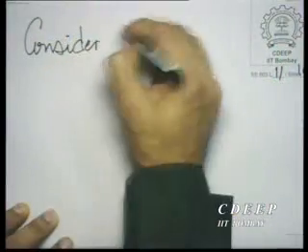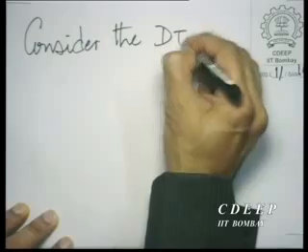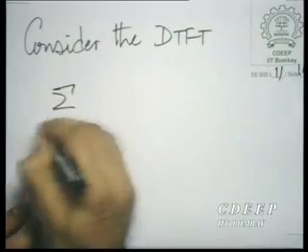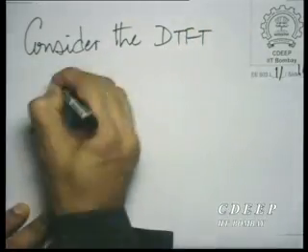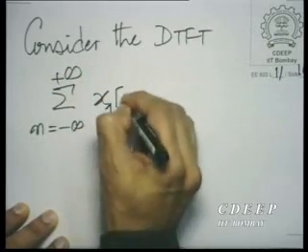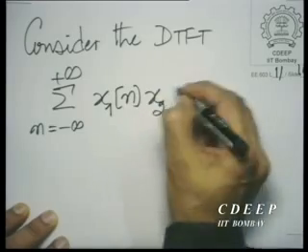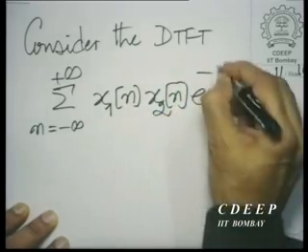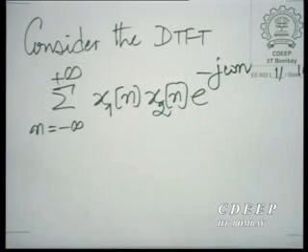To arrive at that answer, let us actually consider a product. So here we are. So consider the DTFT. Now, of course, we have assumed that both x1 and x2 have their own DTFTs and that this converges.